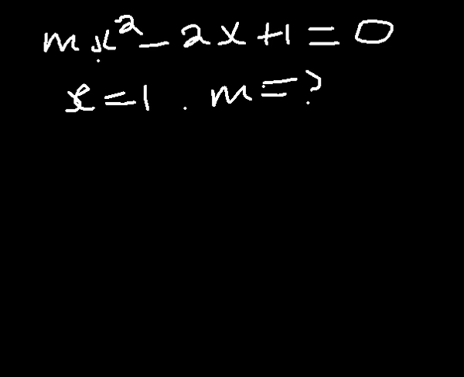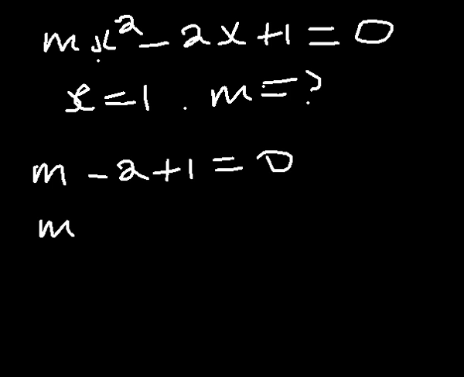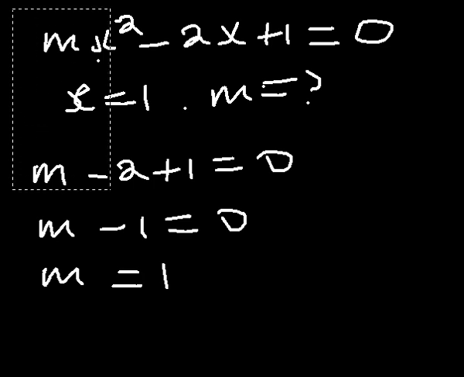We just have to substitute for x. That will be given as m minus 2 plus 1 is equal to 0. That will be given as m minus 1 is equal to 0. Hence m will be given as positive 1. That is the solution for m in that case.